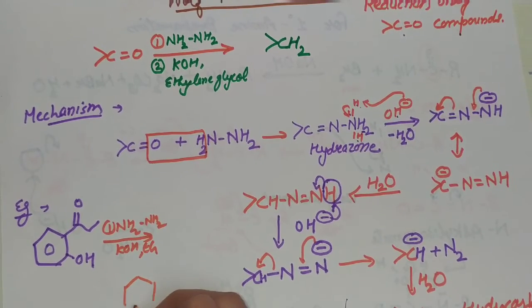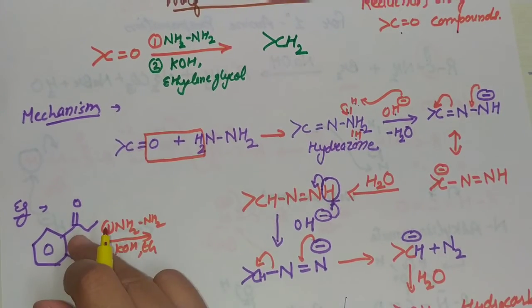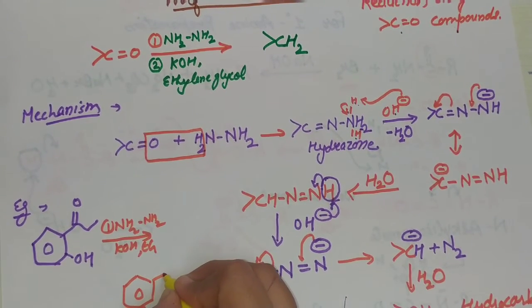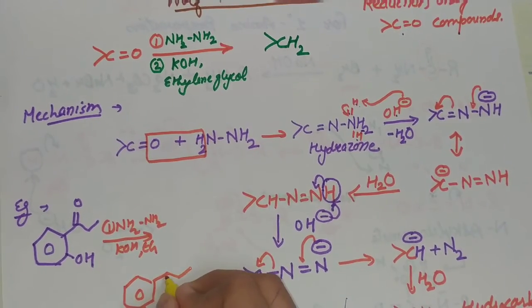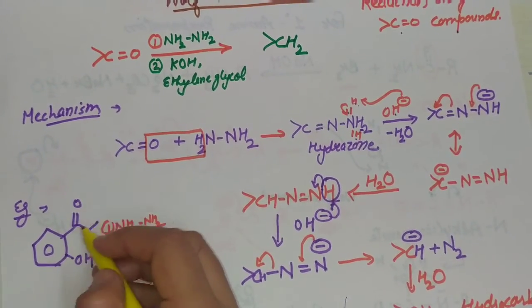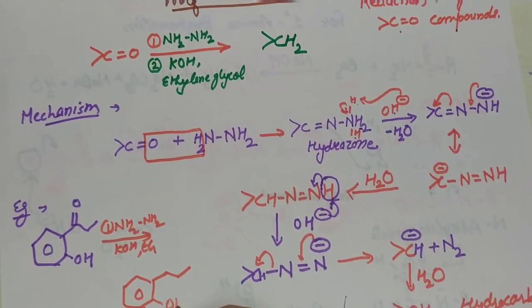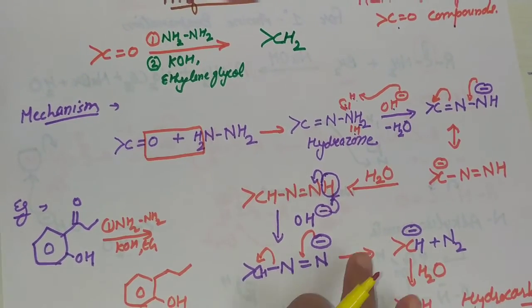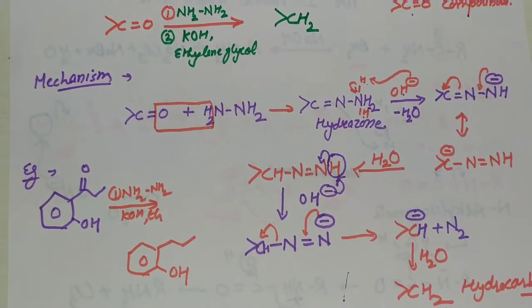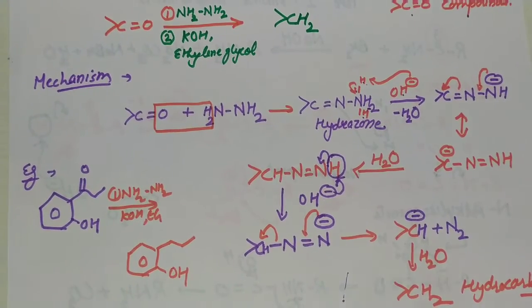In this, only the carbonyl group is reduced: the carbonyl double bond oxygen is replaced by two hydrogens, and the hydroxide remains as such, because there is reduction of only the carbonyl group.